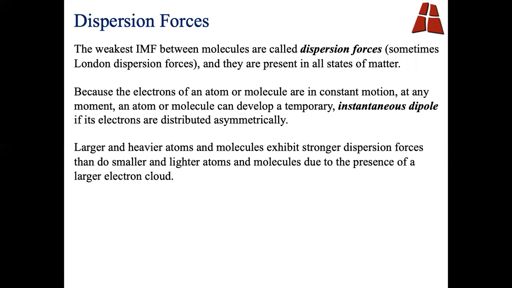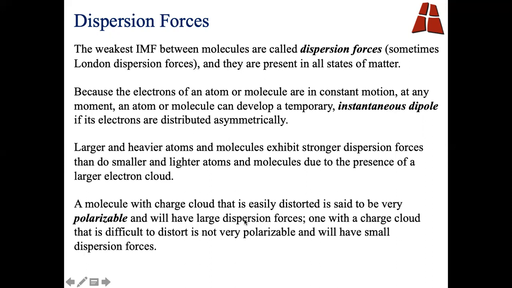And the larger an atom is, or the larger a molecule is, the more dispersion forces it will have because of the larger electron cloud surrounding either a particular atom or within a molecule itself. Okay. And so a phrase that we use to describe these is polarizability.